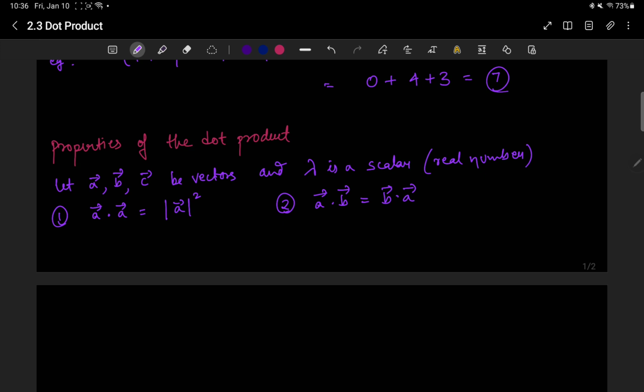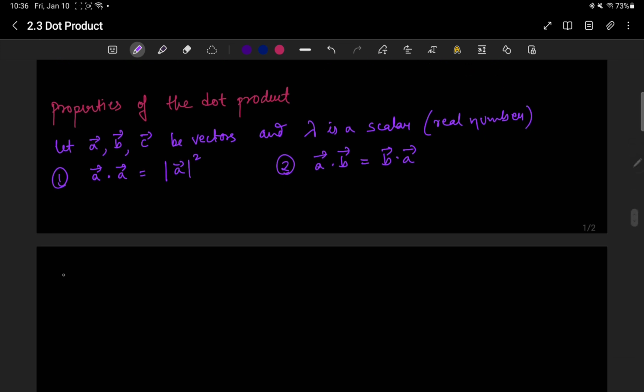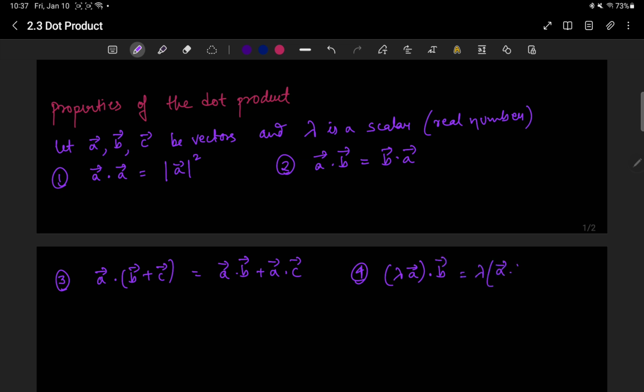Again, makes sense. You can justify the reasoning to yourself. If I dot with the addition of vectors, I can just distribute. So this works similar to regular multiplication of real numbers that you've seen, right? It just distributes properly. The next one is, if I scale one vector and then take the dot product, that will be the same as just scaling the dot product.